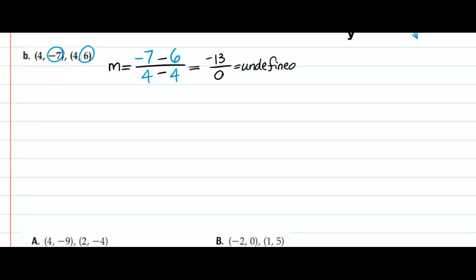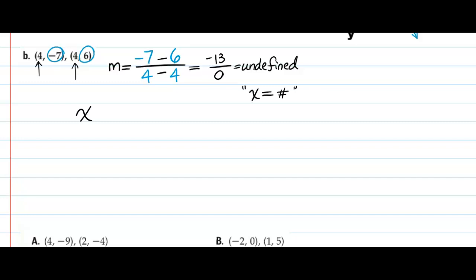Does that mean we can't write the equation? No. We know from step 5 that undefined means x equals some number. Well, what does x equal? Let's look back. What does x equal in the first point? 4. What does x equal in the second point? 4.